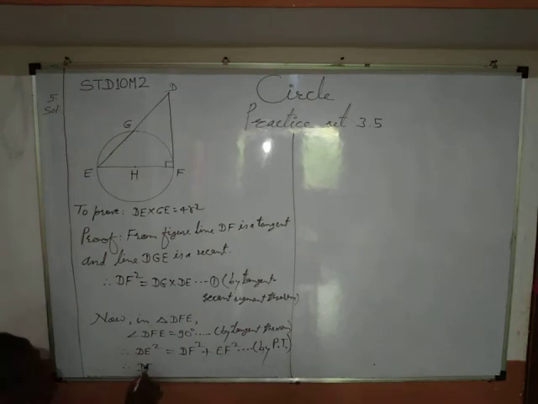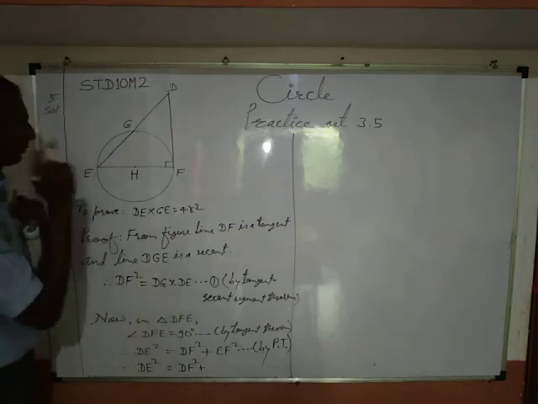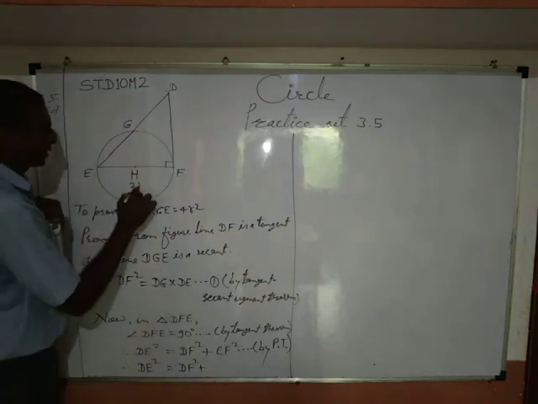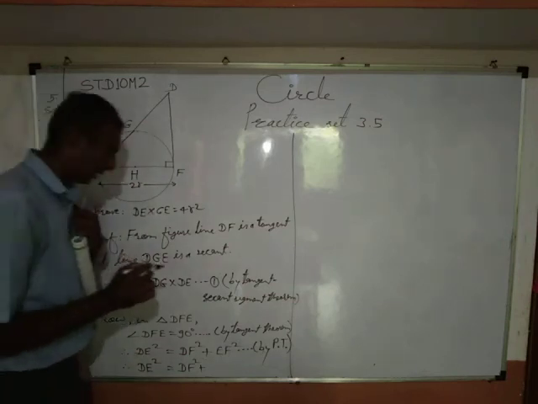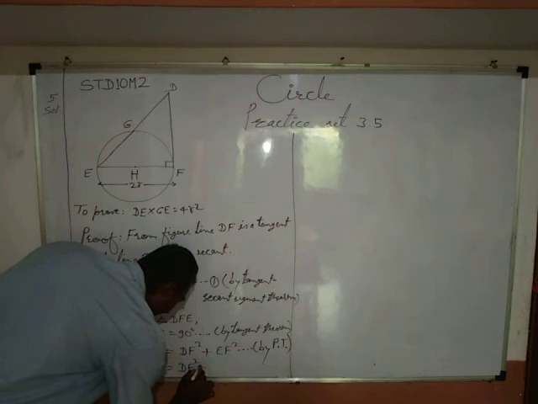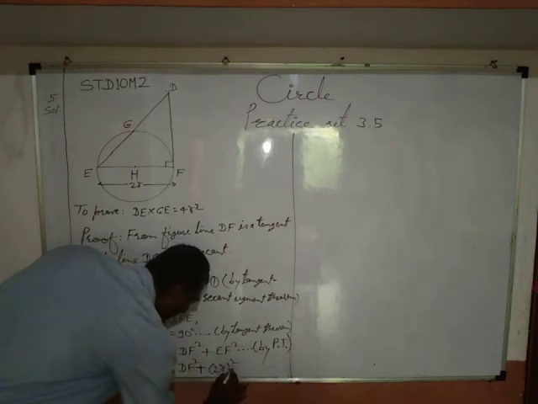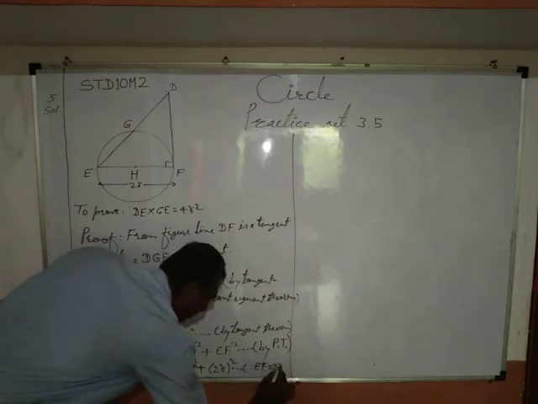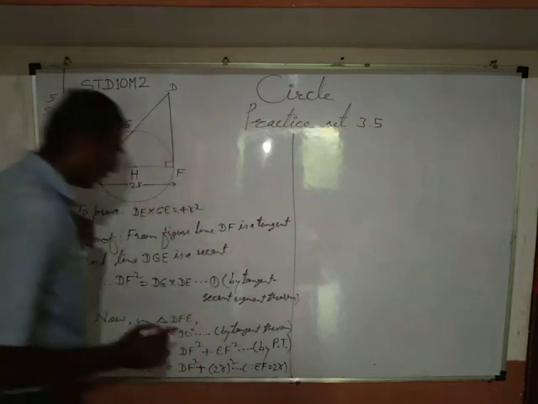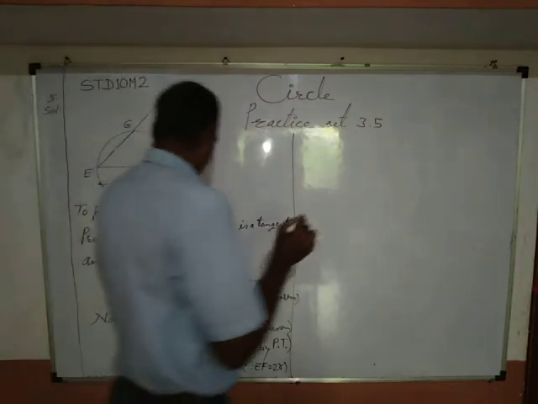EF is a diameter of the circle, and the diameter of a circle is twice the radius. That's why EF will be 2r. Let's put EF as 2r, its square.